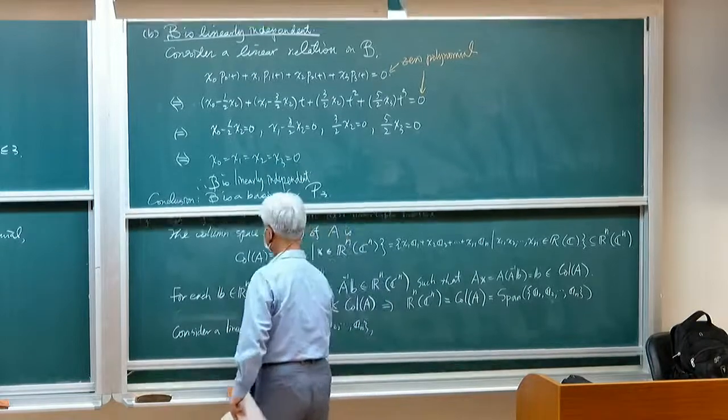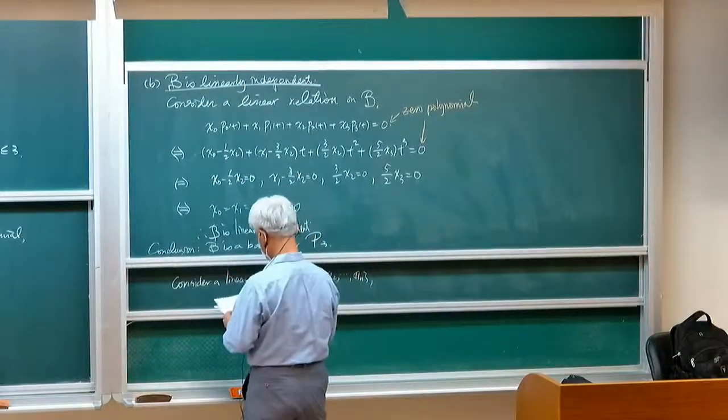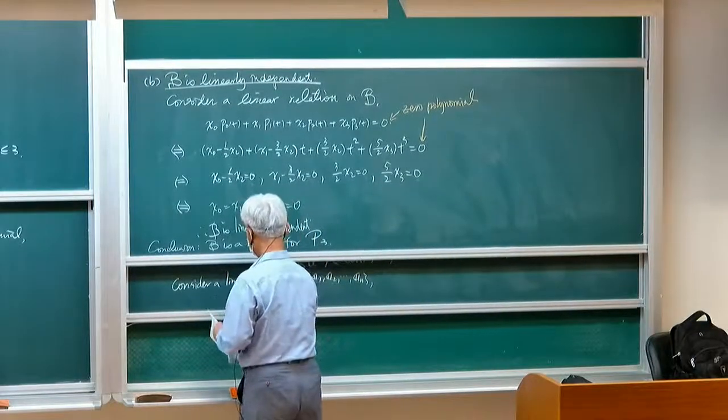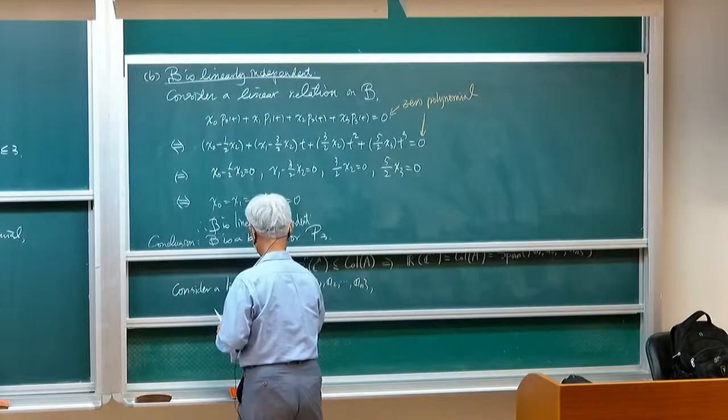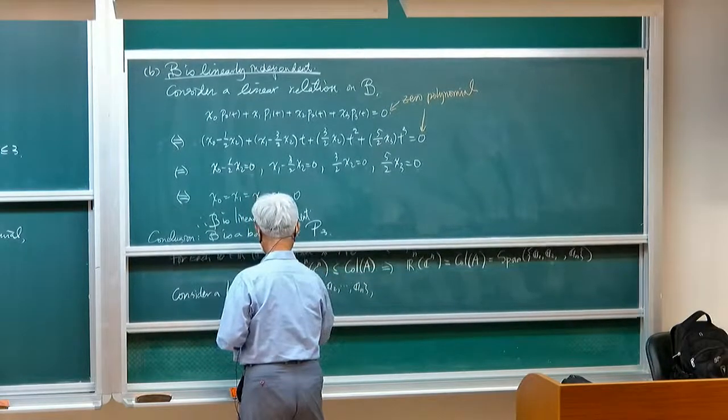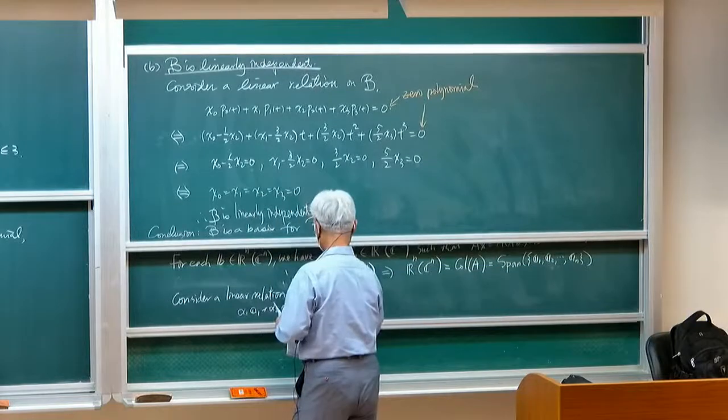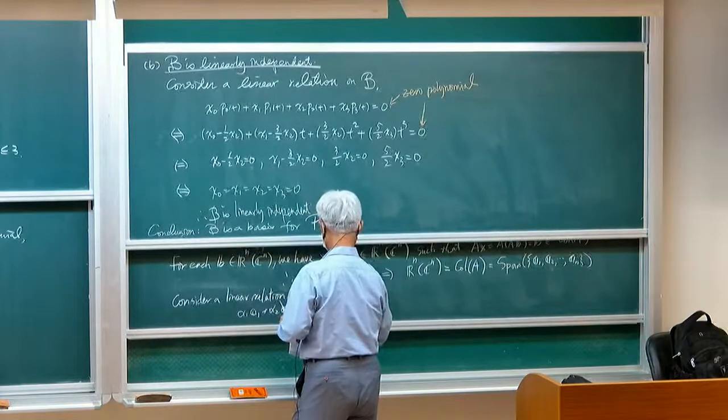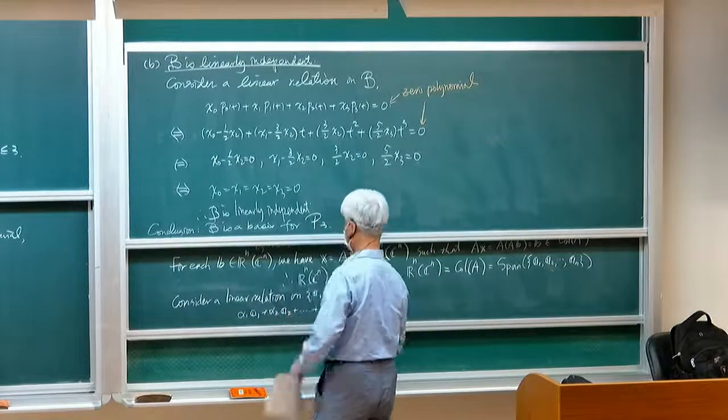This linear relation we write as alpha 1 A1 plus alpha 2 A2 plus and so on, plus alpha n An equal to the zero vector.